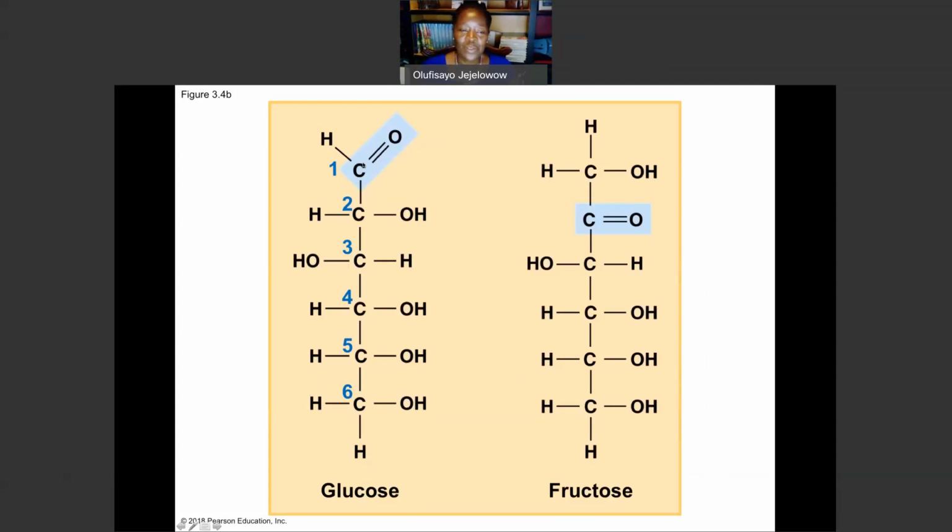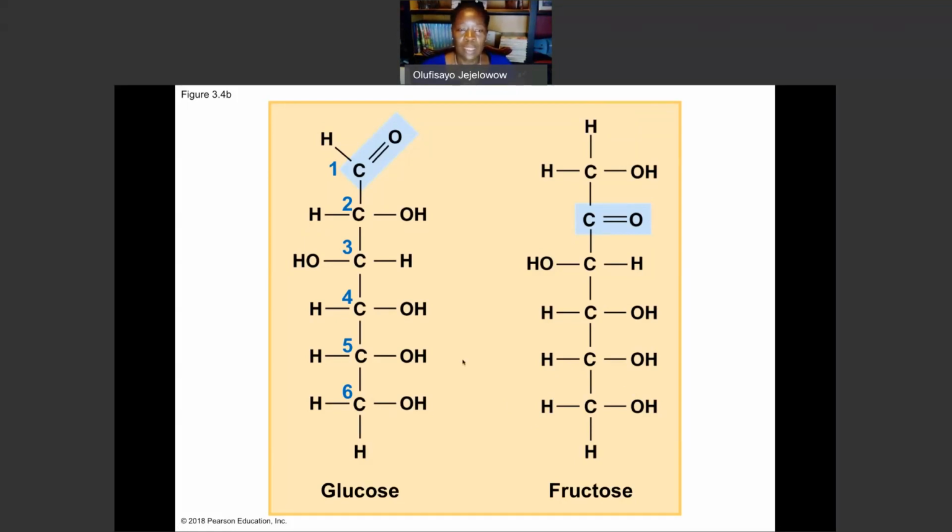The carbonyl group of glucose is terminal, and the carbonyl group on fructose is on carbon number 2, in the middle of the chain. Fructose is the sweetest member of the monosaccharides. Of course, we use monosaccharides as sweeteners in food, and insects and other animals love their sweet taste as well.